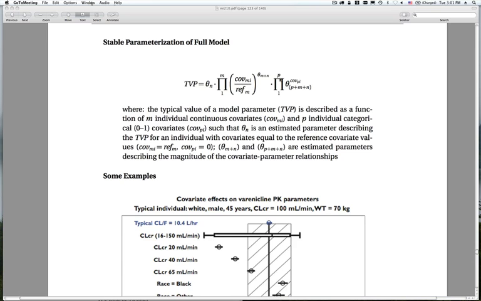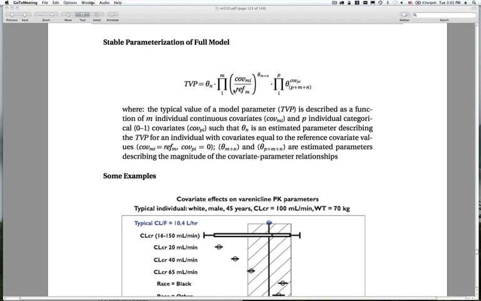And a power model for categorical covariates here, where you have a value of theta raised to a 0,1 flag for the categorical covariate. And we simply have a baseline parameter here, theta n, which is the typical estimate at the reference covariates. Depending on how many continuous covariates, you just take the product of all of these times the product of all of these categorical effects. And that's how you string them together.